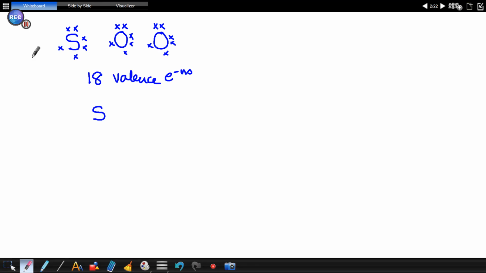you'll be wiser. It says choose a central atom, usually the one with the lowest electronegativity, so sulfur is our central atom here. Determine the total number of valence electrons in the molecule or the ion. Note the charge on the ion. The negative ion will have one more electron in total, and a positive ion will have one less.